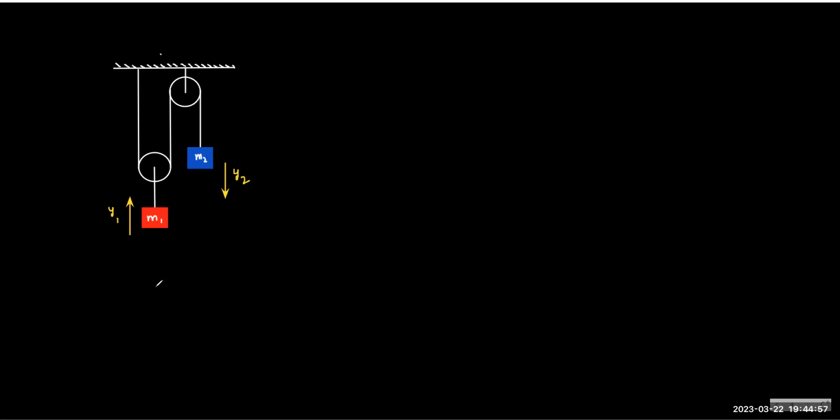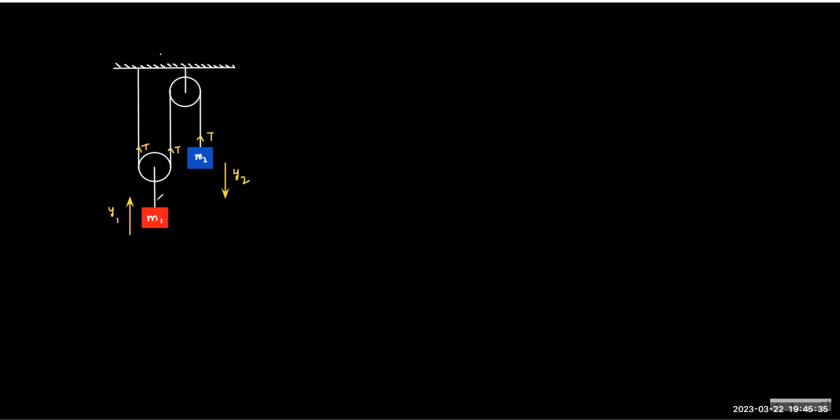Tell me. So the way you solve the velocity constraint, you can also solve the displacement constraint. Both are similar.